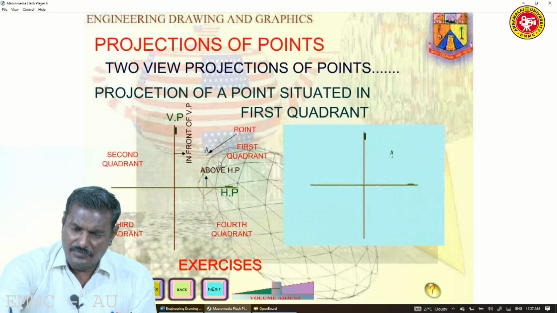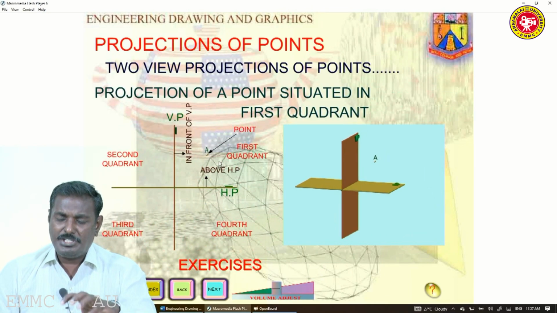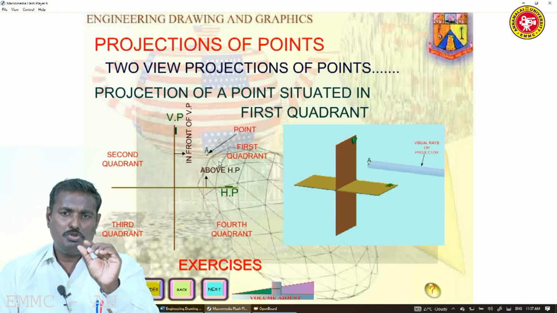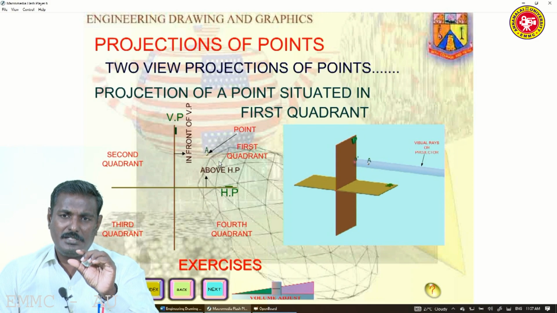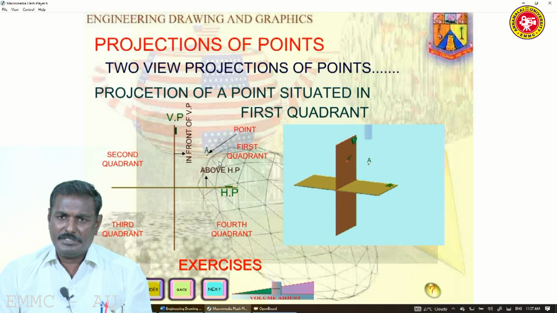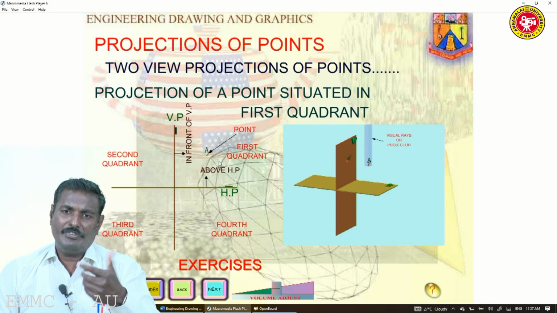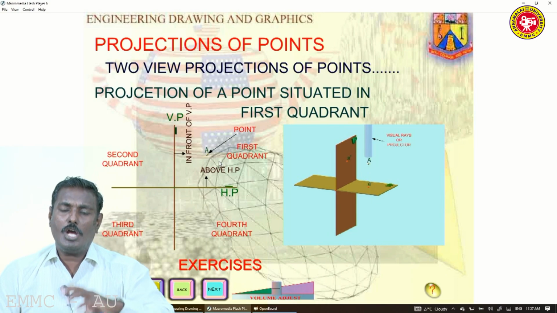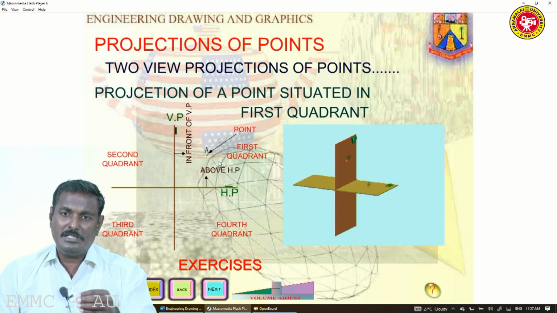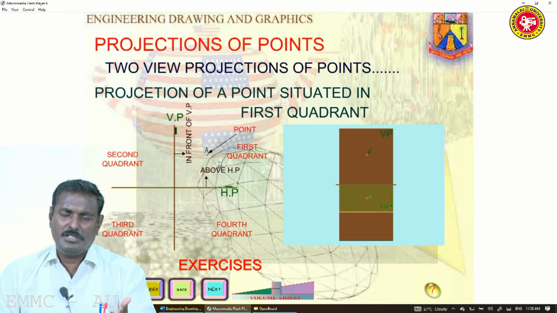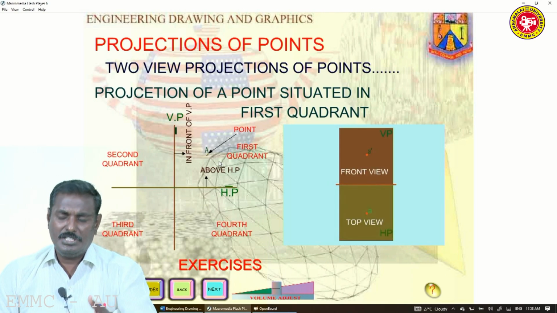In the first quadrant, we place the point, and the true letters are mentioned as capital letters, because they are true. Any letter mentioned in capital or uppercase denotes a true object, true image, true sense. That is the logic here.